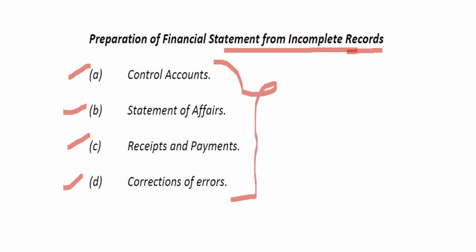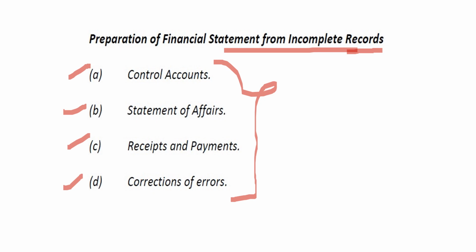For the control accounts, you need to determine the purchases and the sales from the control account. The statement of affairs, you need to determine the capital from in there. Receipts and payments, you can get your expenses and revenues from in there, and any correction of errors that they may give you to do will also provide some of the figures for your financial statements.